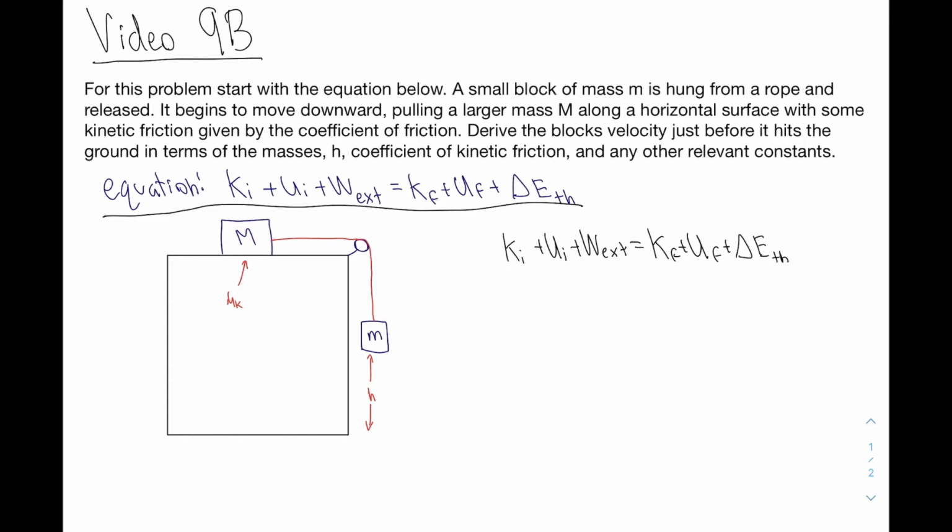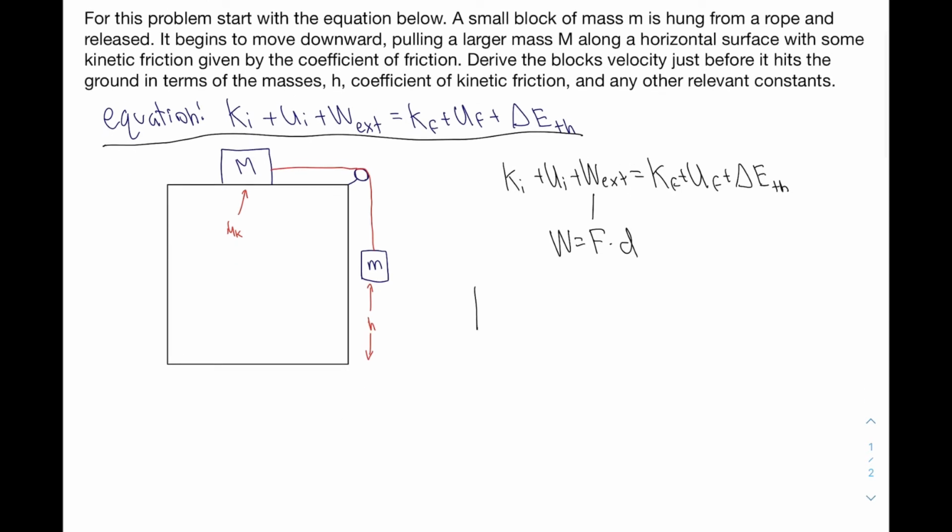these values. So what we know is that the work is equal to force times displacement. And we can look at the work done on the big box M. If we draw a diagram, we can see that there's kinetic friction pulling it backwards. There's normal force. And then there's gravity.